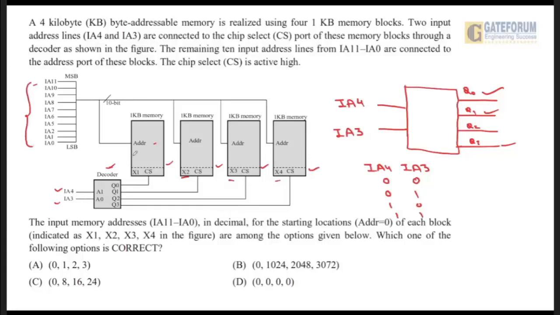Only A4 and A3 have to be changed, right? So initially, these values are zeros. Only 4 and 3 can change. So we have four possible values of 4 and 3. One is 0, 0, the other is 0, 1, the other is 1, 0 and the other is 1, 1.